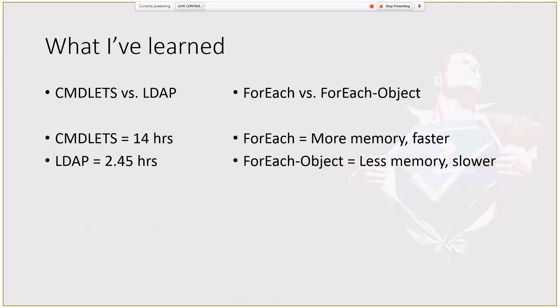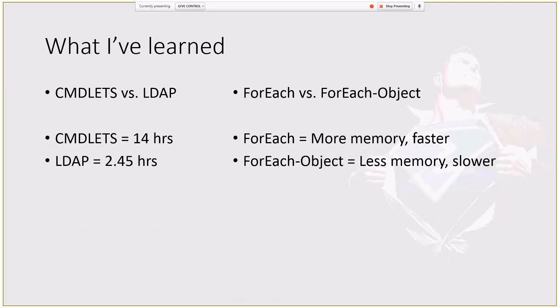So what I've learned, commandlets versus LDAP. I've written the script on my first try with half of the checks I currently have in the script I'm releasing, and it took 14 hours to complete at a certain customer. They had a rather large environment.